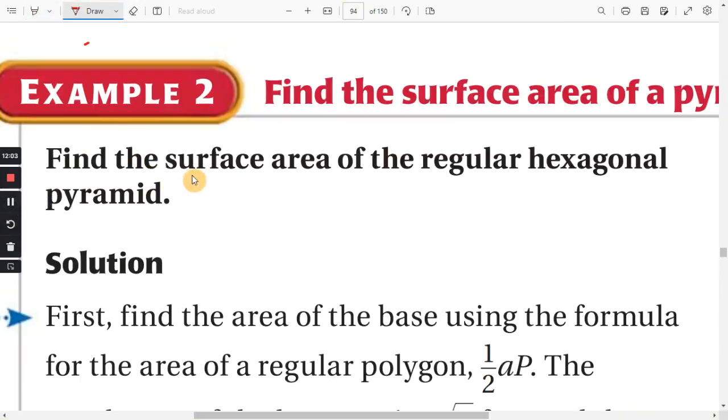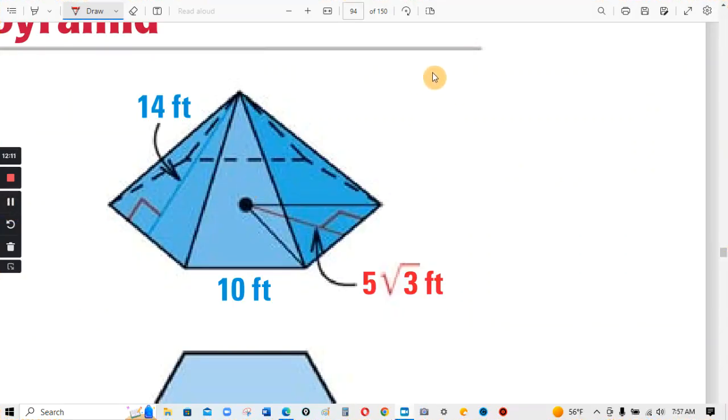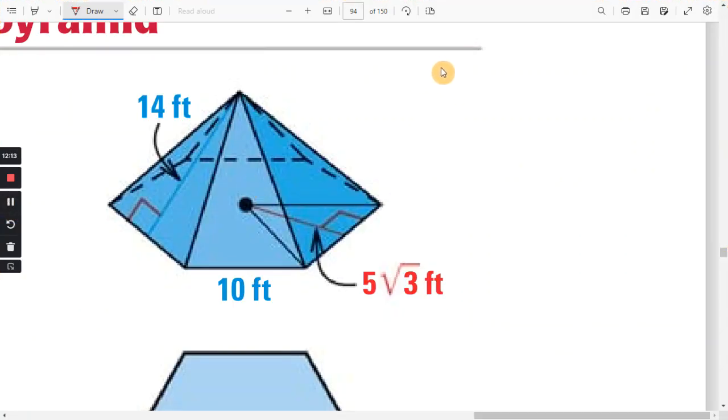Example 2, find the surface area of the regular hexagonal pyramid. Okay, we said a minute ago the surface area for the pyramid is going to be capital B plus 1/2 PL.